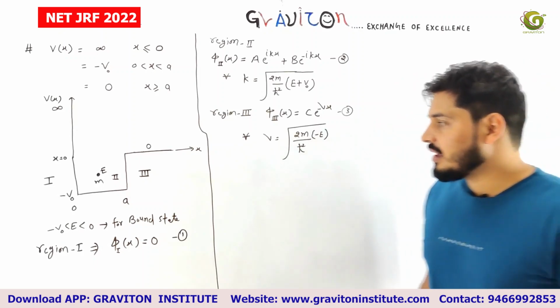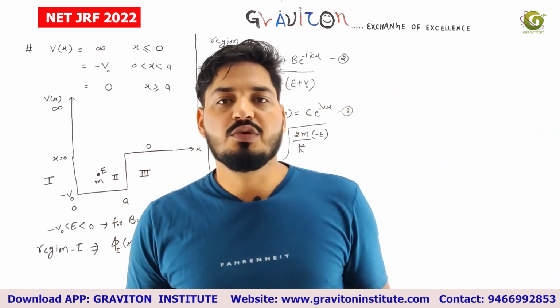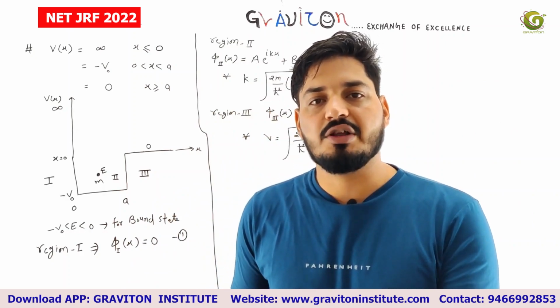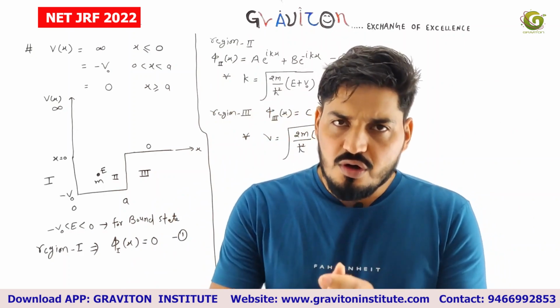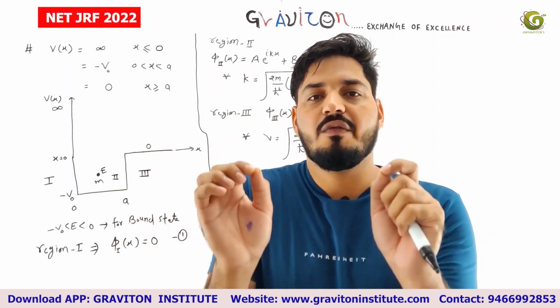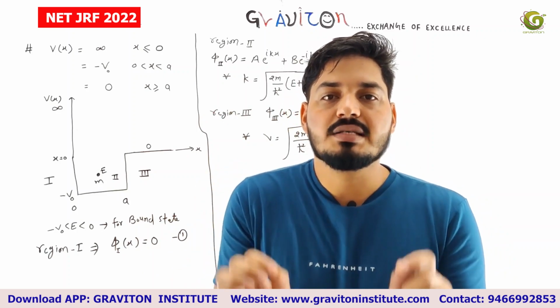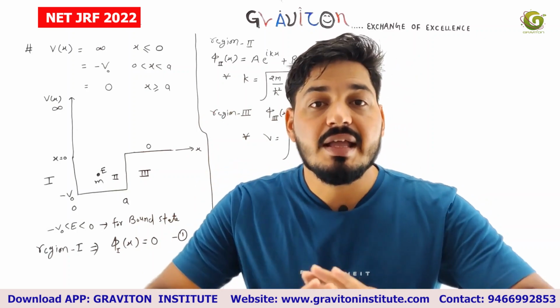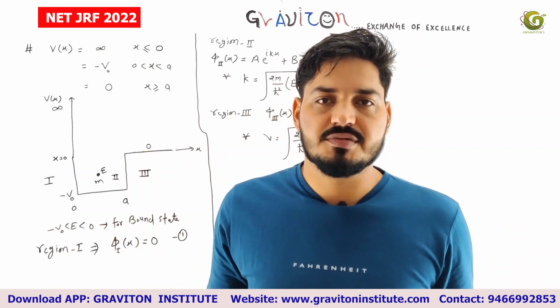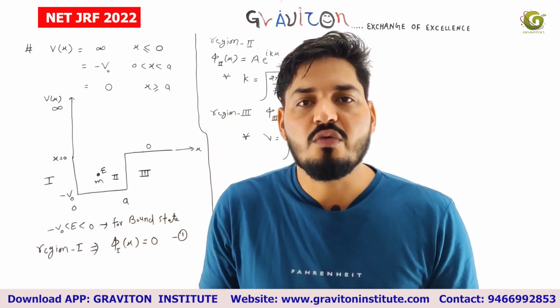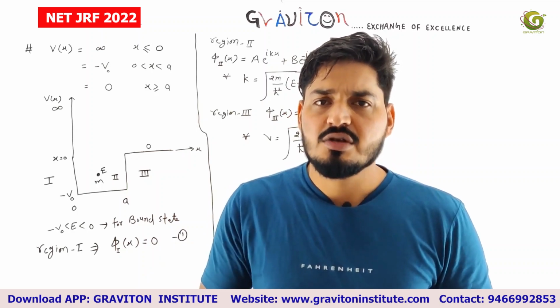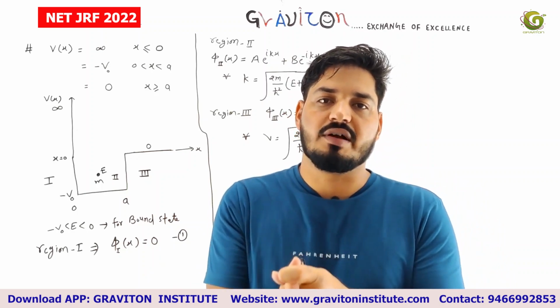Now see, here we will use a very important property of the wave function. You know, the wave function of any particle must be continuous, irrespective of any regions. The wave function is always continuous, right? So we will use the continuity of the wave function here.